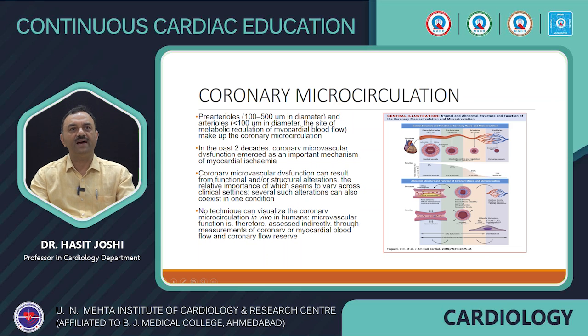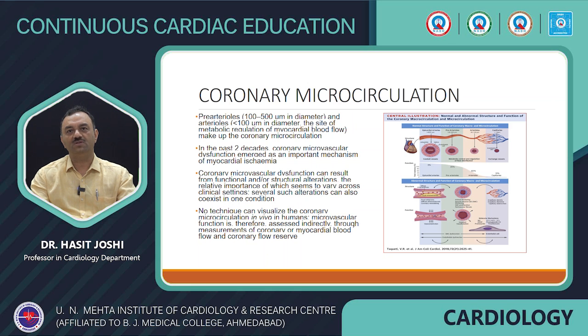We can visualize the major coronary arteries on coronary angiography. However, there is no way of visualizing the microcirculation, and hence it can be assessed indirectly through measurements of coronary or myocardial blood flow and flow reserves.